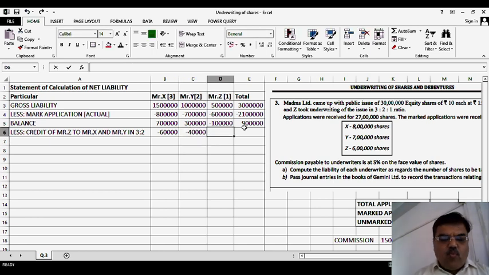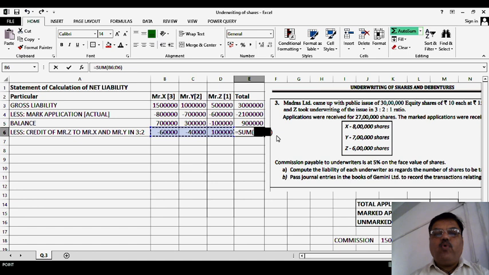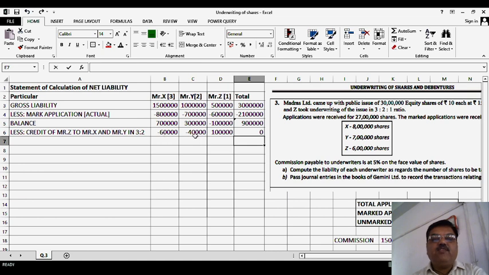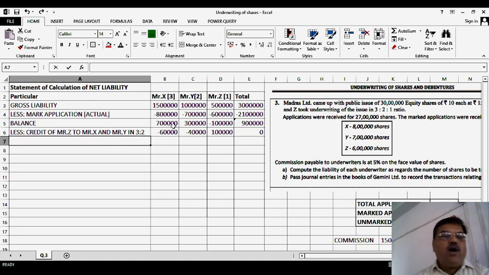And here 1 lakh. I have to take the total over here. Total comes to 0, because 60,000 plus 40,000 minus 1 lakh plus 1 lakh comes to 0. Now again I have to take the balance.